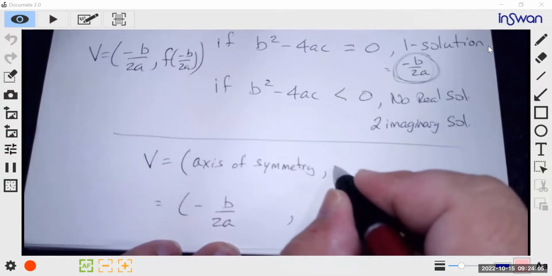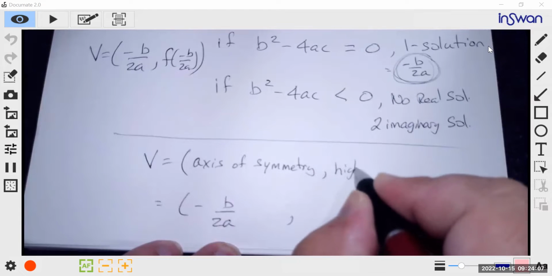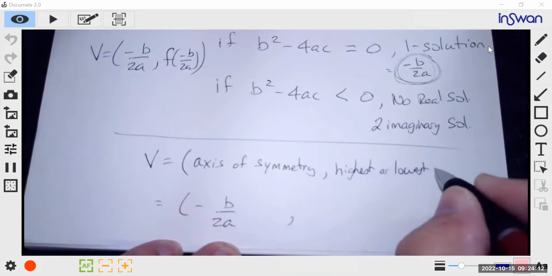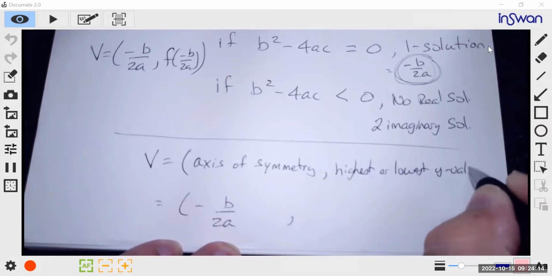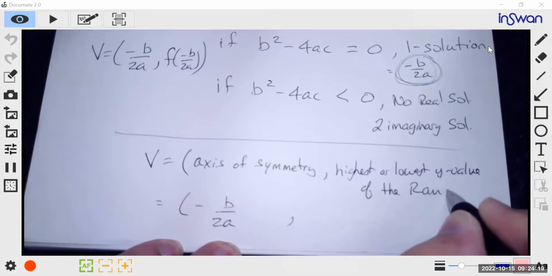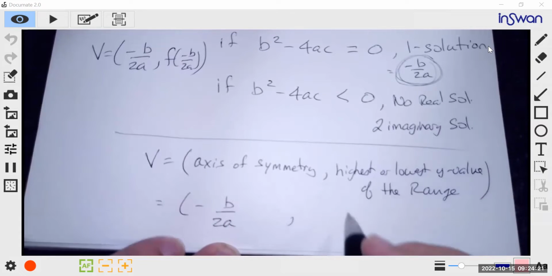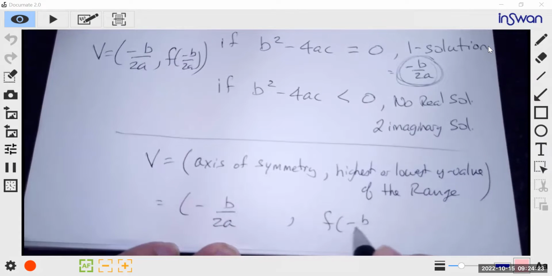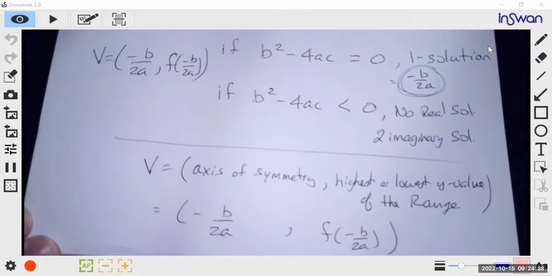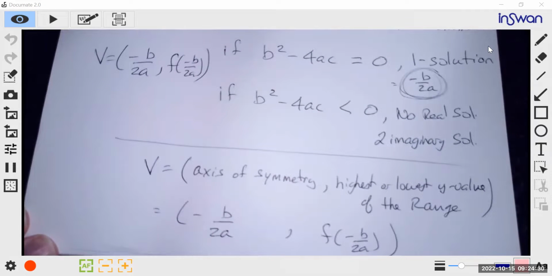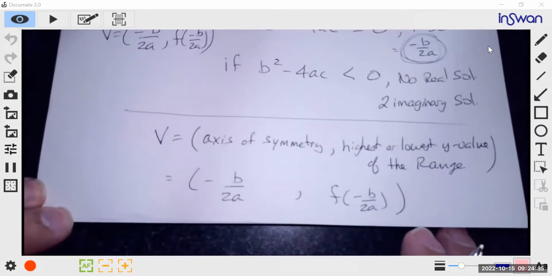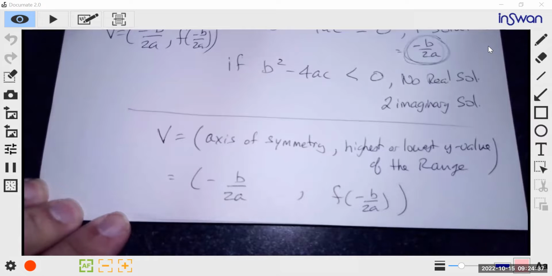And then the y value is the highest or lowest y value of the range. So the y value of your vertex tells us the highest or lowest point of the range.